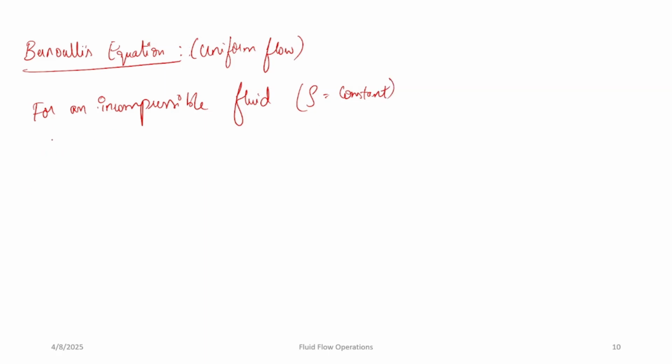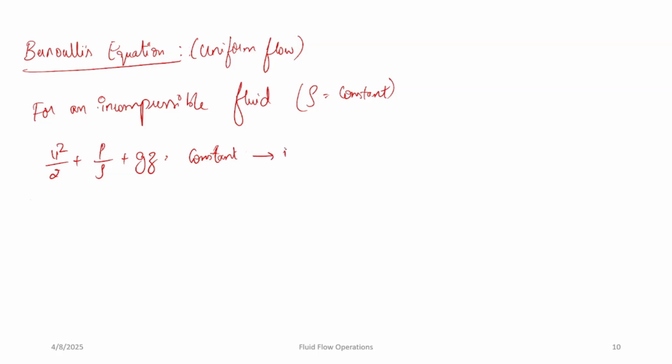So for an incompressible fluid, what is the Bernoulli's equation? V square by 2 plus P by rho plus Gz is equal to constant, right? So let's multiply each term with density, that is rho.